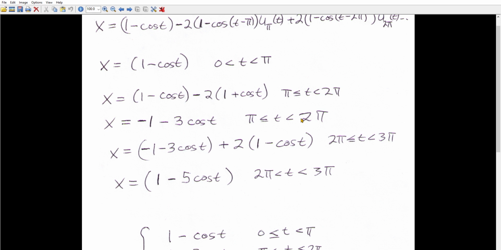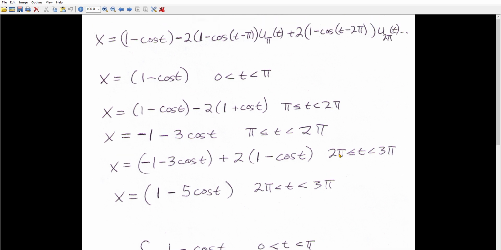Now, at 2 pi, this term turns on. And what we're going to get is what we had just before it, which is the minus 1 minus 3 cosine t, now plus 2 times this expression.